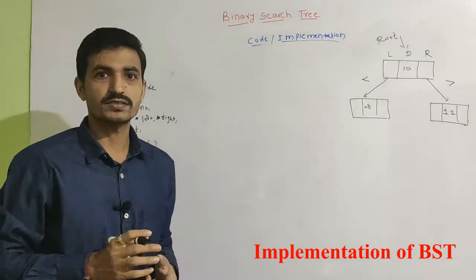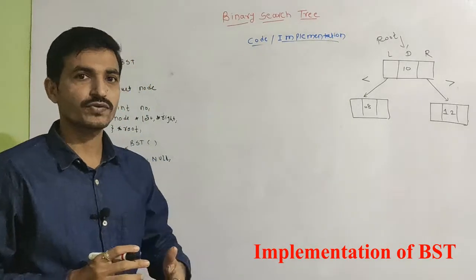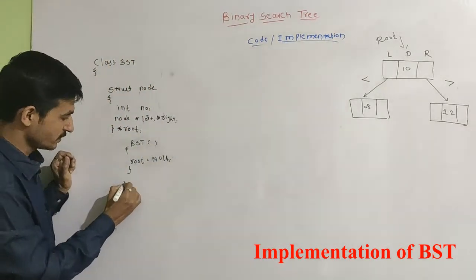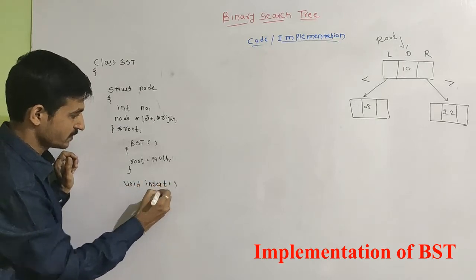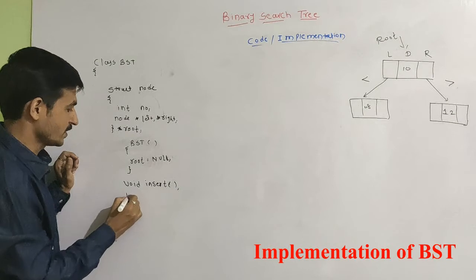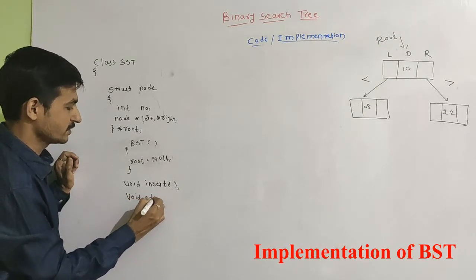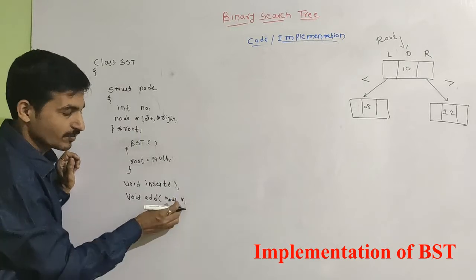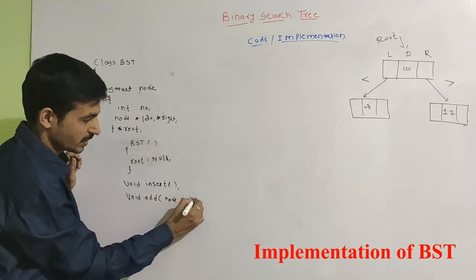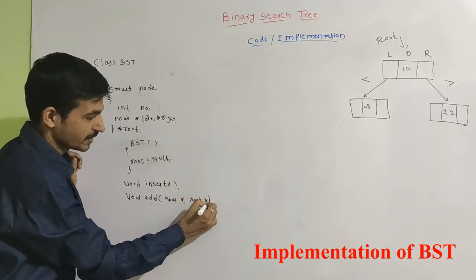And then we'll write the methods which will be required for creation of a tree. So I'll write two methods. First one is insert and second one is add, having two parameters: the starting point of the tree that is root, and second one is the node that I create.